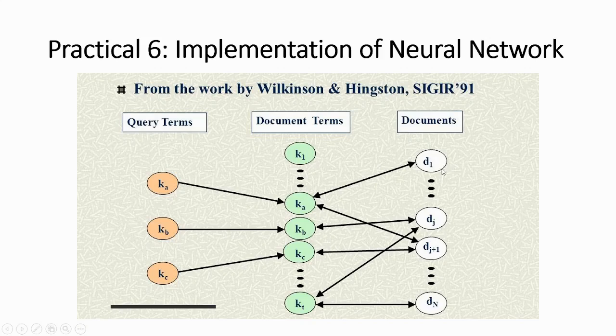Due to this document weightage, we retrieve the information. We compare the query terms with the document, checking how similar they are. If it is more similar, then we retrieve it into the end results. This is the basic concept of your neural network.